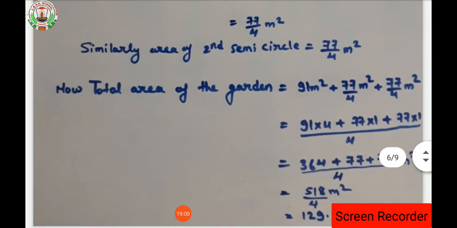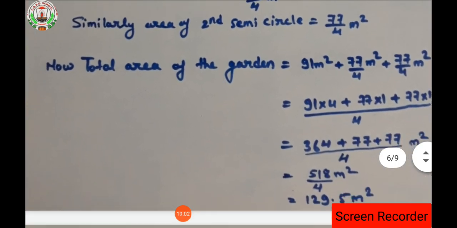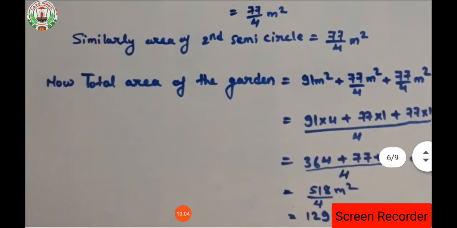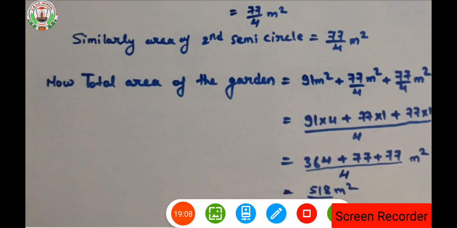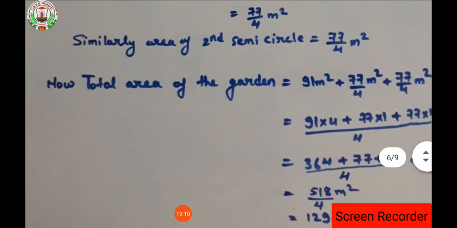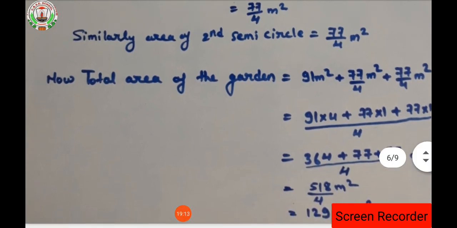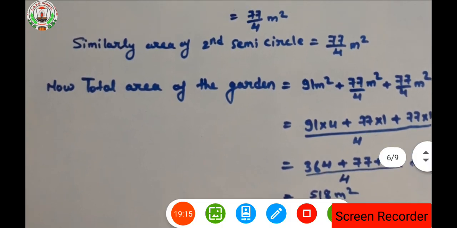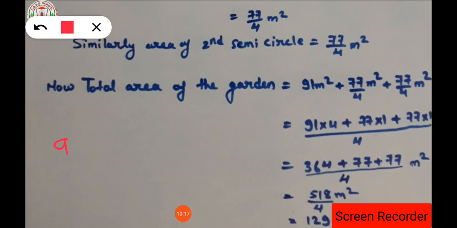Now next what we have to do is find the total area of the garden. In order to find the total area of the garden, the area of the rectangle will be added. What is the area of the rectangle we are having? That is 91, isn't it? That will be added with the area of the first semicircle as well as the area of the second semicircle.